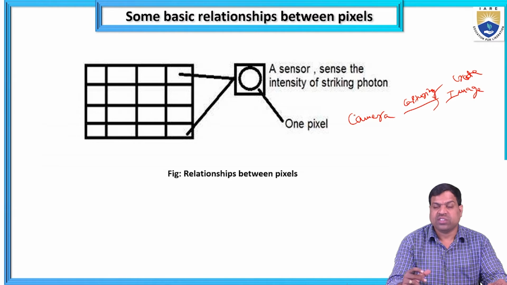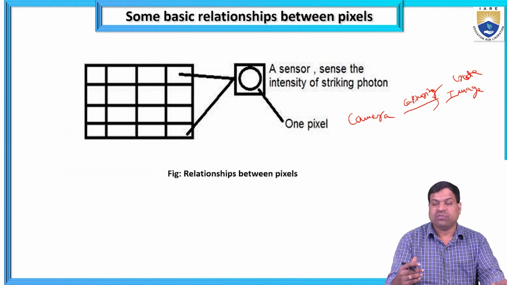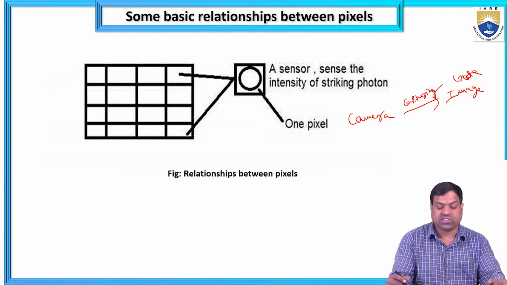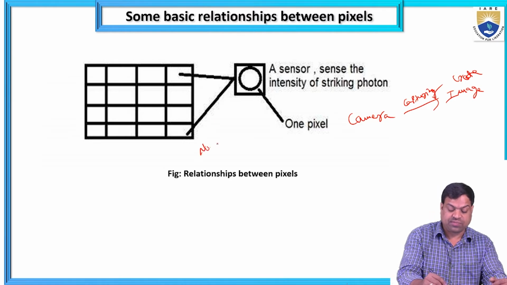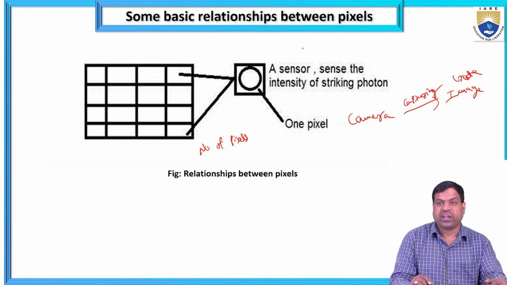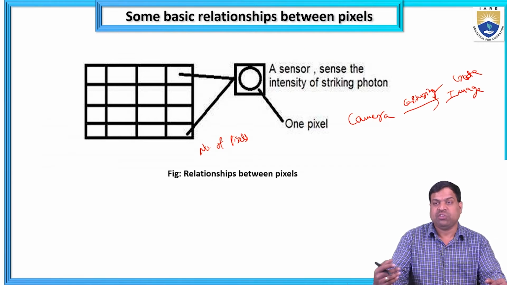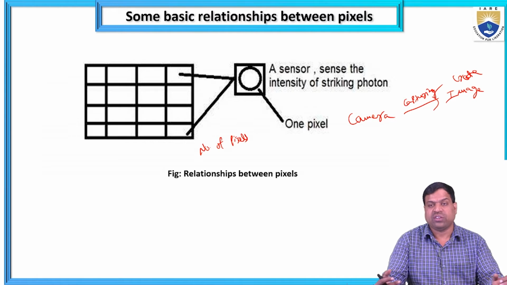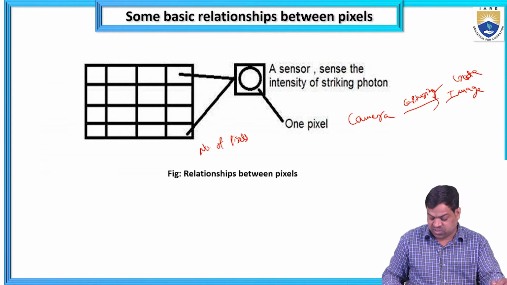When the camera is capturing one item or one thing, it is creating an image. That image has a number of pixels. Depending on your sensor device, the pixels will be created. Depending on which device you choose, the number of pixels changes. So that is the relationship between the pixels.